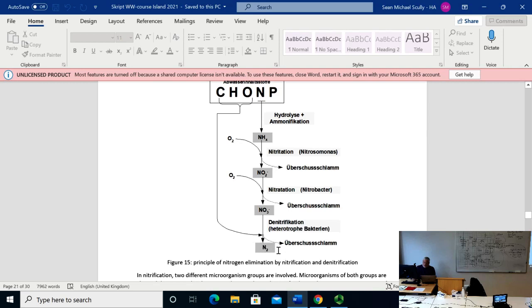In normal treatment plants they almost exclusively produce elementary nitrogen. What we do not want is that they produce dinitrogen oxide, because it's a climate-damaging gas with a factor of 240 in comparison to CO2, and methane we also have to take care of, because methane has a factor of 24.